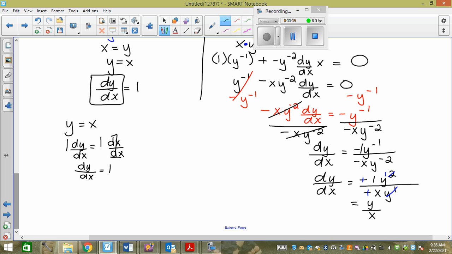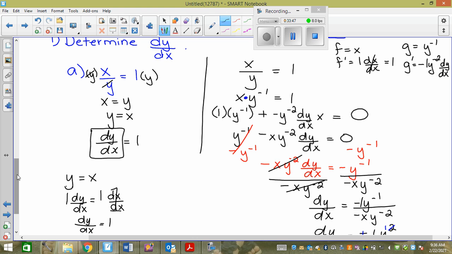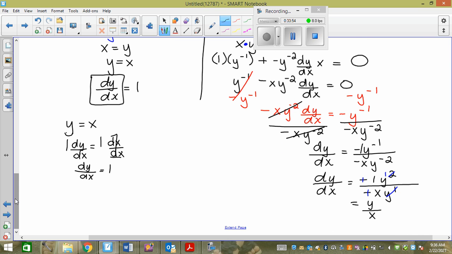Your last step in implicit is to plug in what y is. So we go back way up to the top, and we'd have to actually isolate y by itself anyways. And we find that y equals x, correct? So if y equals x, I can plug an x in there. So I get x over x, which is 1.